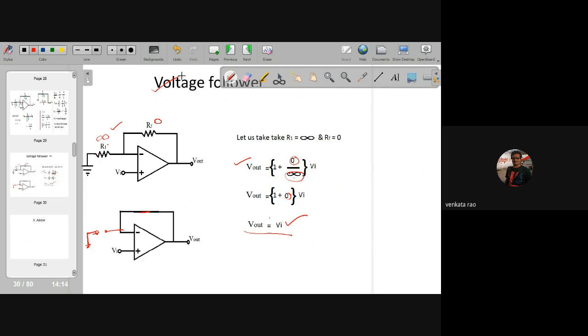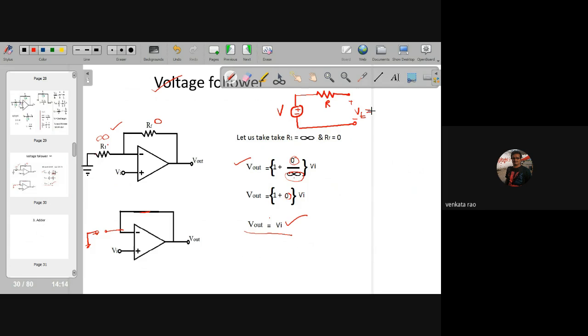First of all, I will explain what a practical voltage source is. If you take a voltage source, we represent it like this. Let us take V. This is R. This is the terminal voltage.